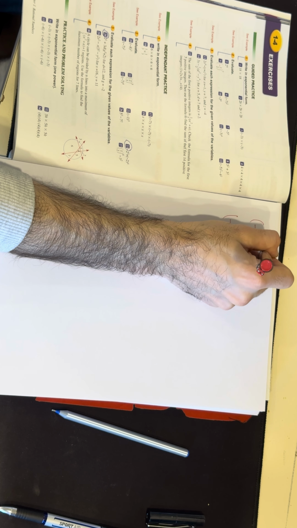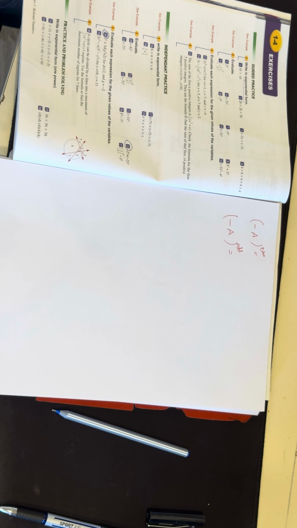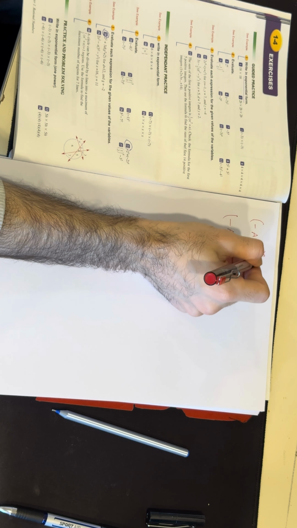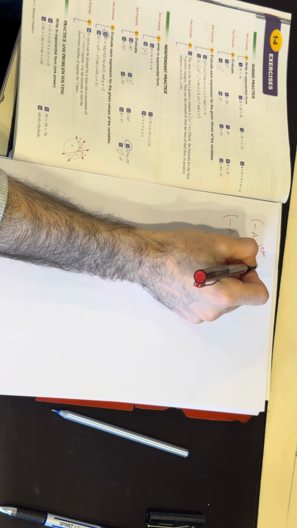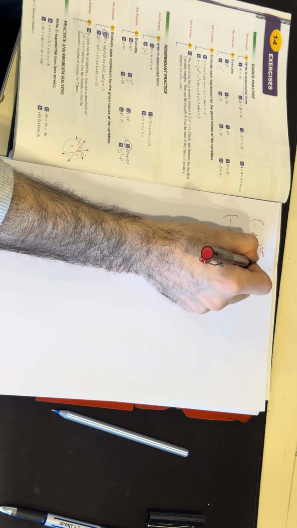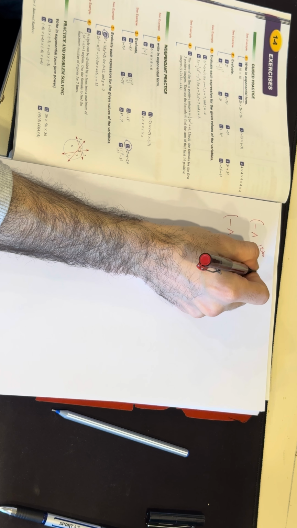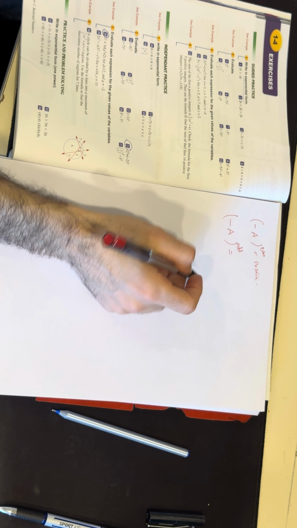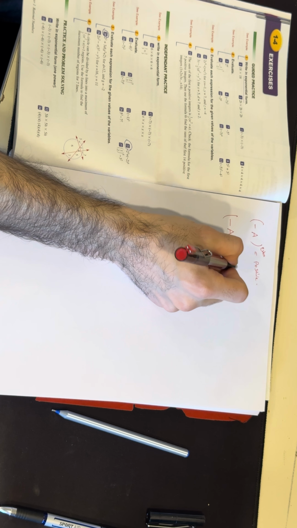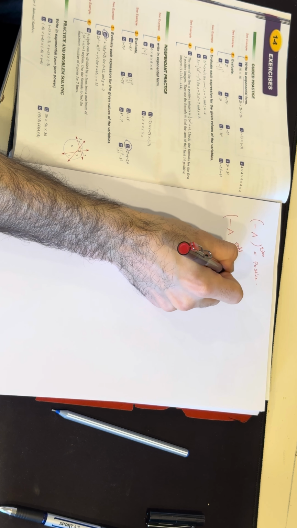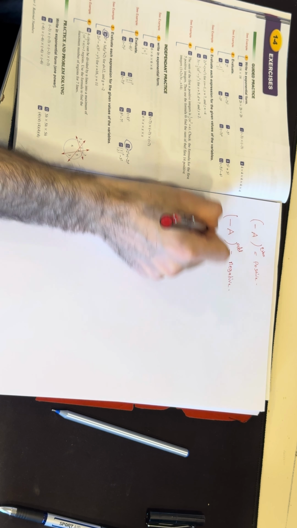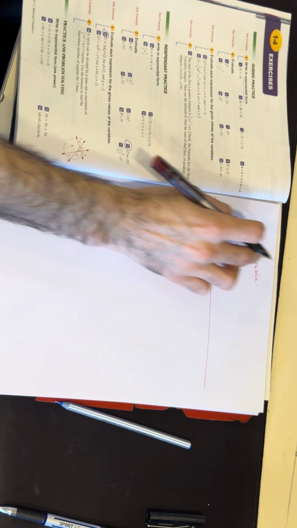This note helped me solve many questions without getting confused about positive and negative. If the power is even, you immediately say the answer will be positive. You are sure that the answer is already positive. But when the power is odd, you already know that the answer will be negative.